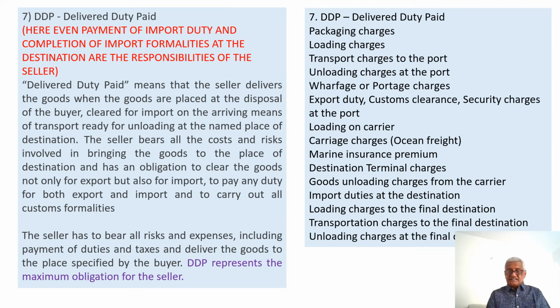The seller bears all cost and risk involved in bringing the goods to the place of destination and has an obligation to clear the goods not only for export but also for import, to pay any duty for both export and import, and carry out all customs formalities. DDP represents the maximum obligation for the seller.